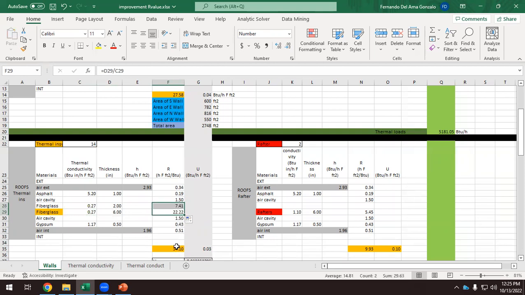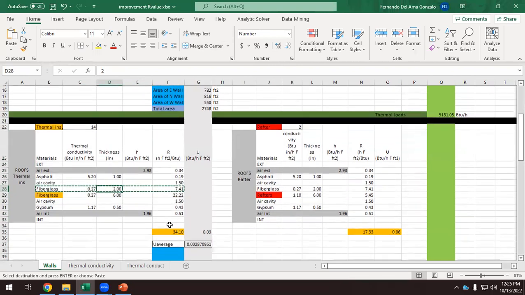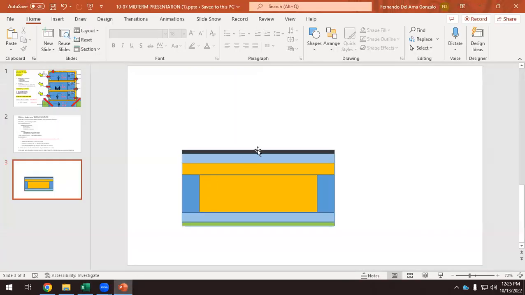So the thermal resistance has changed, and the U value has changed, and we have to do the same thing here where the rafters are. Okay, so we have added this extra layer of 2-inch thermal insulation, and those values have changed, and the U average has changed, but the total area didn't change, and the thermal load changed as well. Okay, so that's what you have to do with the roof.